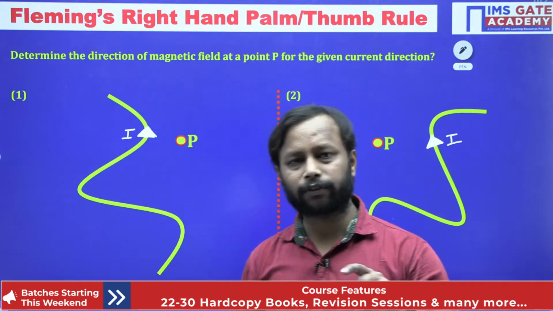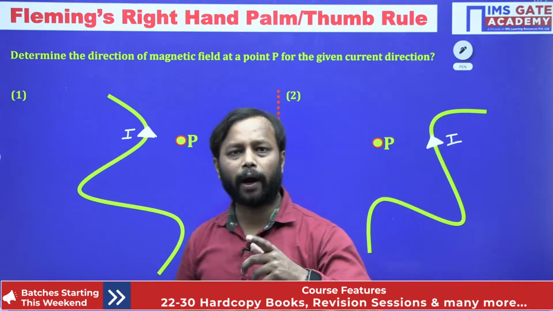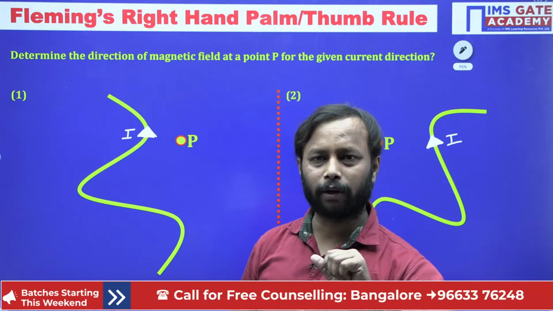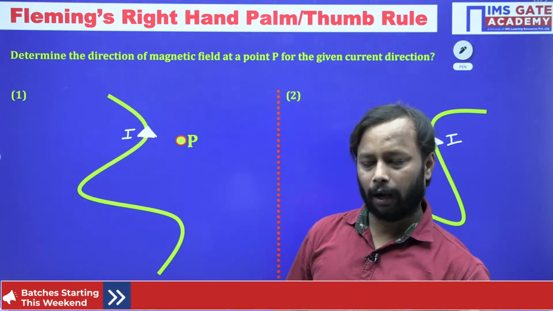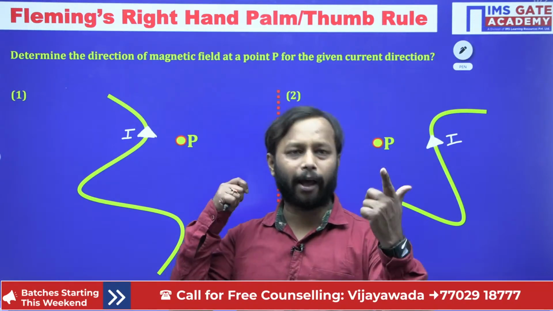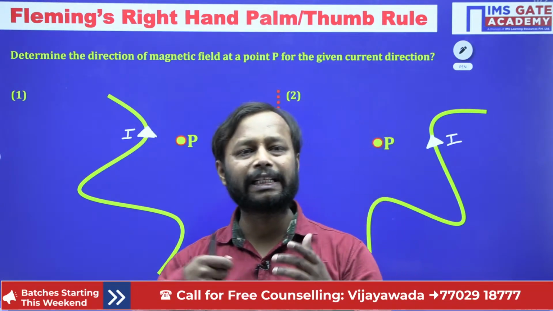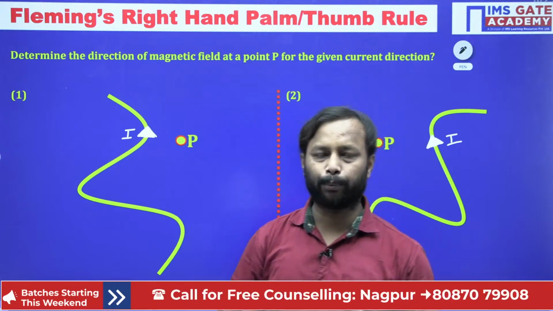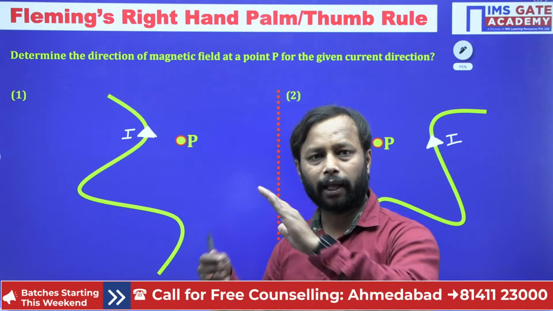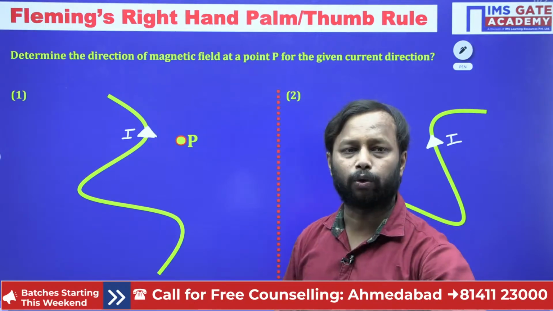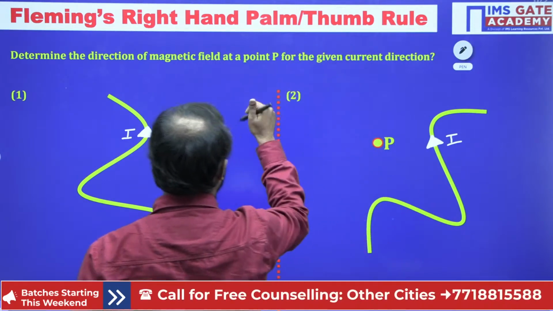I hope definitely you have seen bow and arrow. In Hindi we used to call it dhanush and baan, isn't it? So whenever you are releasing an arrow from a bow, then the arrow will move away from you. Suppose this is an arrow.